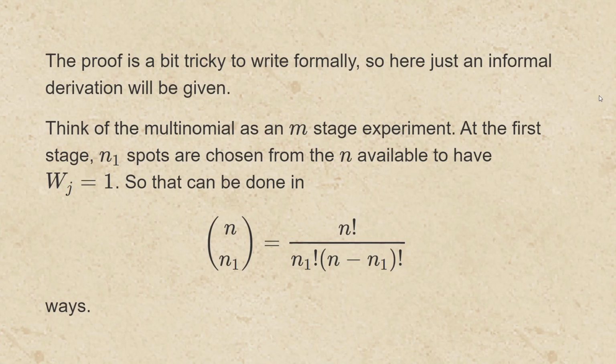Think of the multinomial as an m-stage experiment. At the first stage, n sub 1 spots are chosen from the n available to have w sub j equal 1. So that can be done in n choose n1, which is n factorial over n sub 1 factorial times the quantity n minus n sub 1 factorial ways.